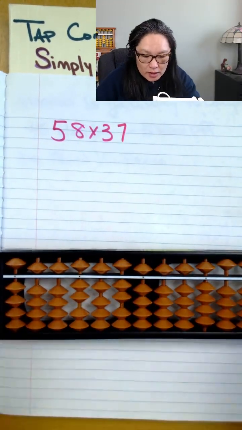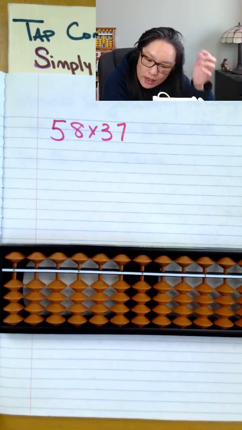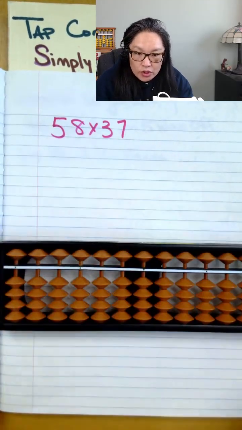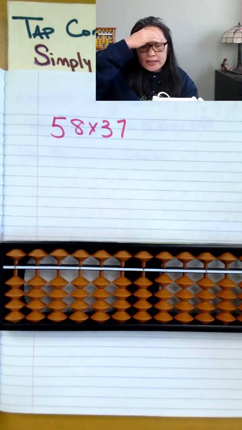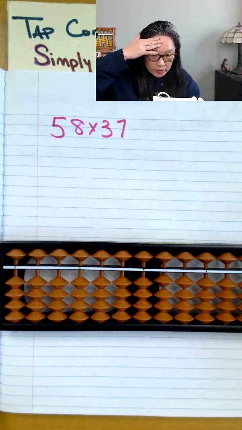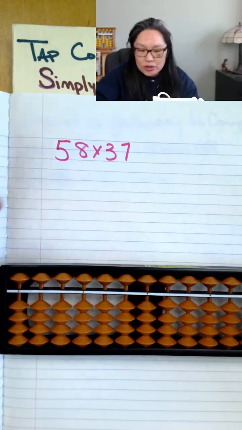Let's see how that works. The reason multiplication gets hairy with more numbers is that if we had 5 digits times 5 digits, the abacus curriculum gets really complicated really quick. But for something simple like this, it's super easy.